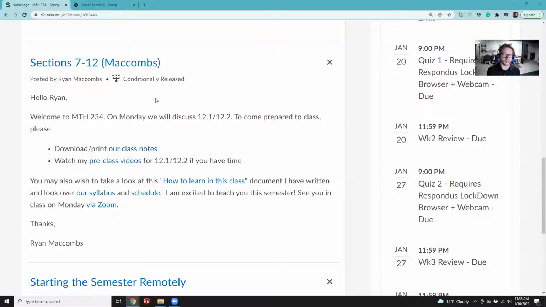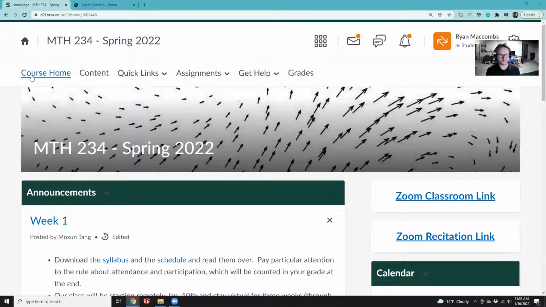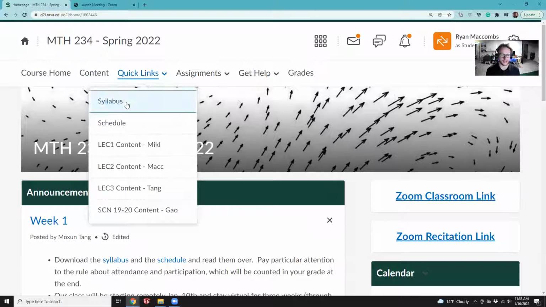So let me show you where this stuff lives, just so that everyone can access it. In our main navigation bar, under the quick links, we have space for each one of the instructors to post things. And these are open folders, right? Really, any student in any of the sections can view any of the content posted by any of the instructors. It's kind of like one of those things that might as well have more learning opportunities.